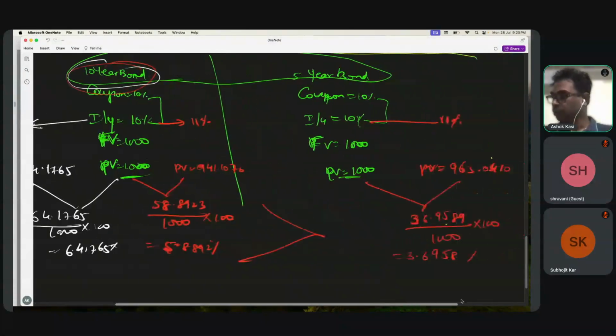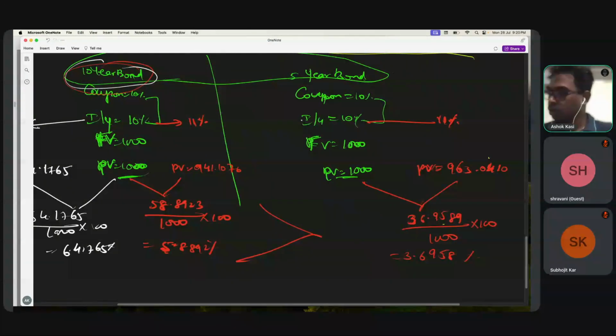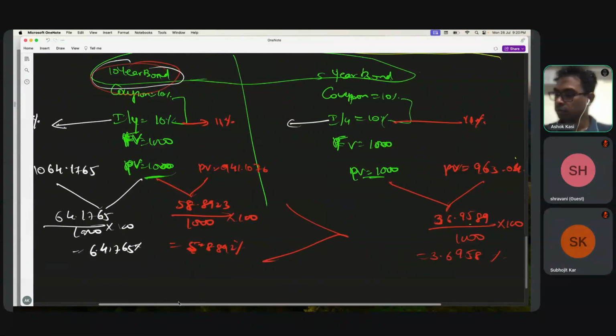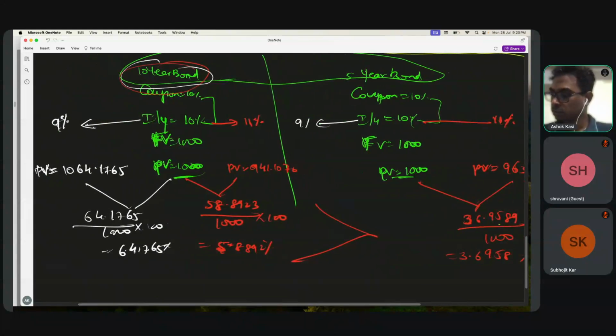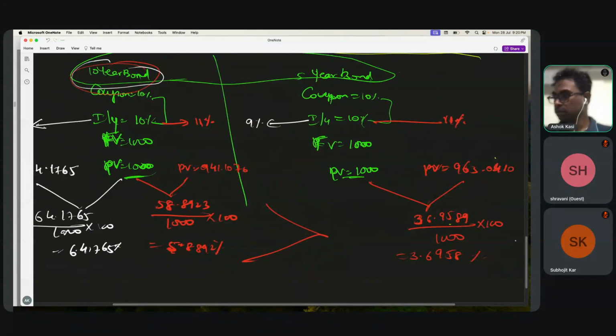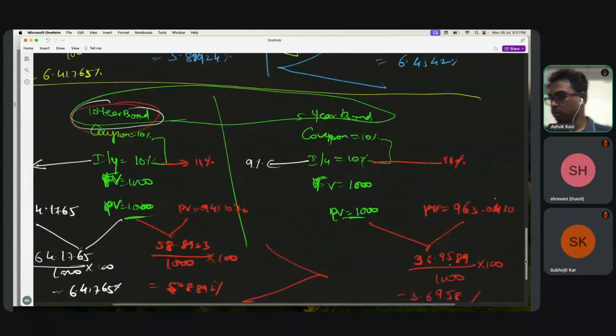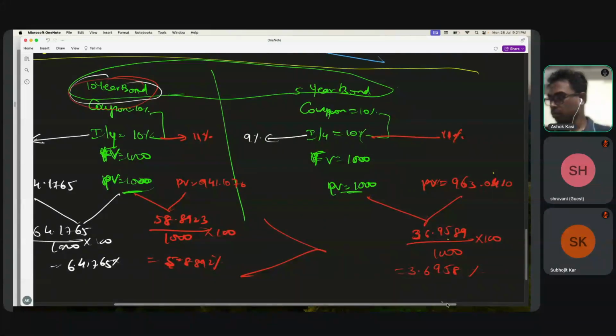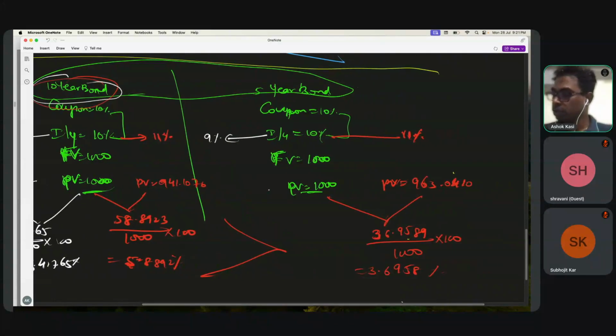Okay. Similarly here also. Now calculate this one. 1038.8965.